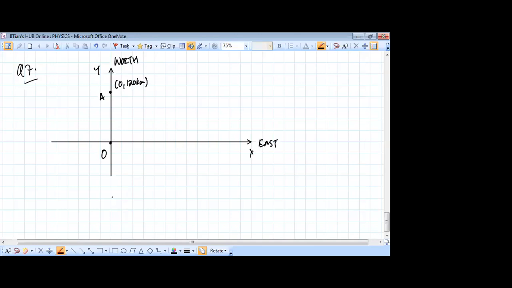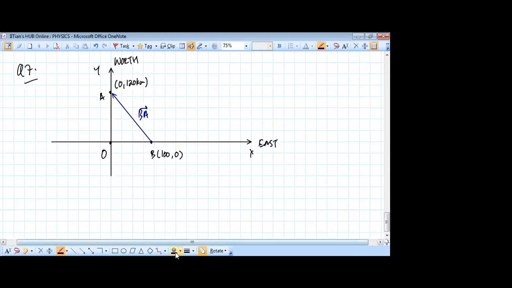But because of the unexpected wind, the ship gets blown to a point which is 100 kilometers east of A. So this point B is somewhere over here, 100 kilometers east of A. Now we have to just find out this vector BA. You can see it's in this sort of direction.